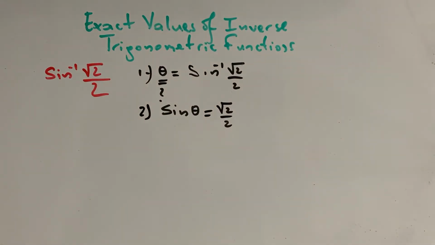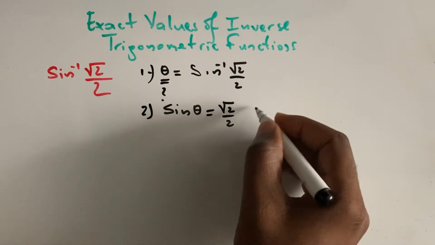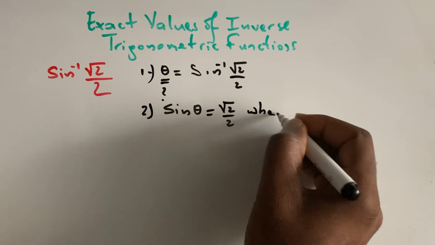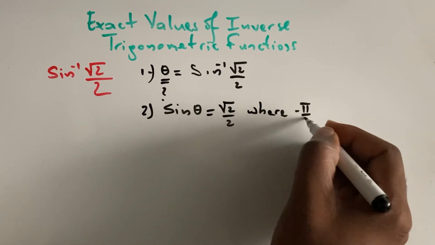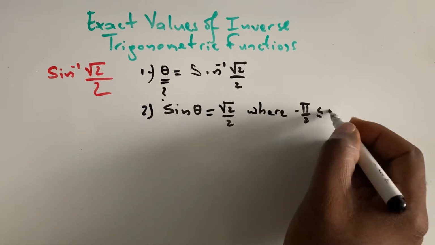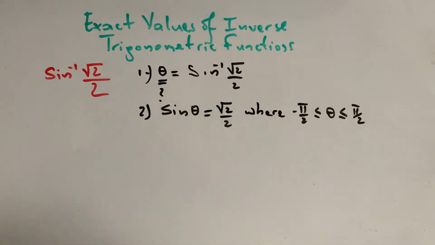One other thing to remember here is that theta must be between negative pi over 2 and pi over 2: negative pi over 2 less than or equal to theta less than or equal to pi over 2.